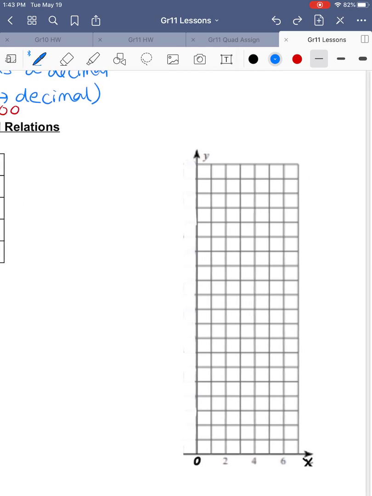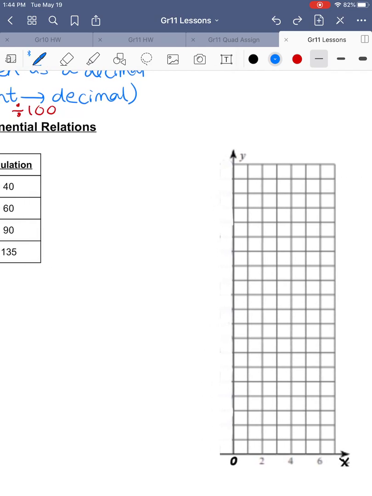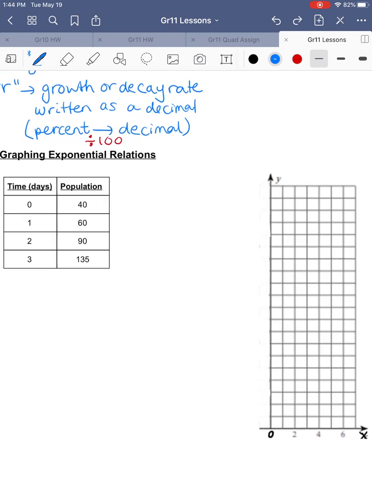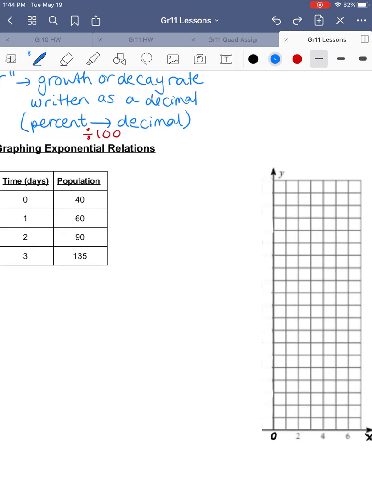So we have a grid here on the right. So I'm going to be shifting back and forth just a little bit. Maybe I can zoom it right there. And first off, we need to notice that the highest number we need to represent on our graph is 135. And on this graph, if we count all of the vertical little squares or spaces, there are 20 spaces.